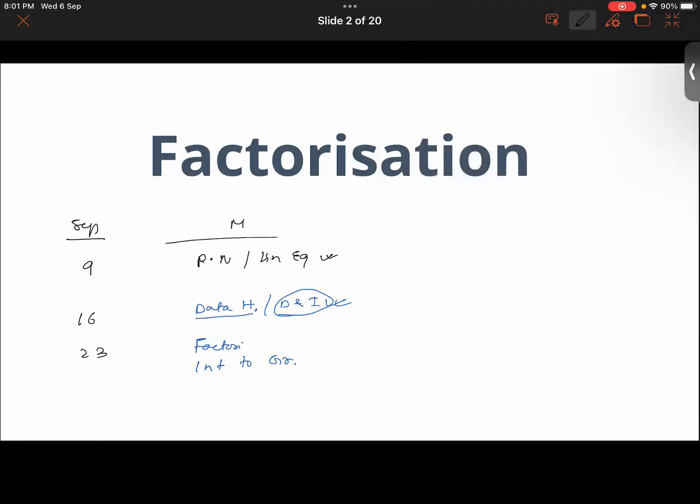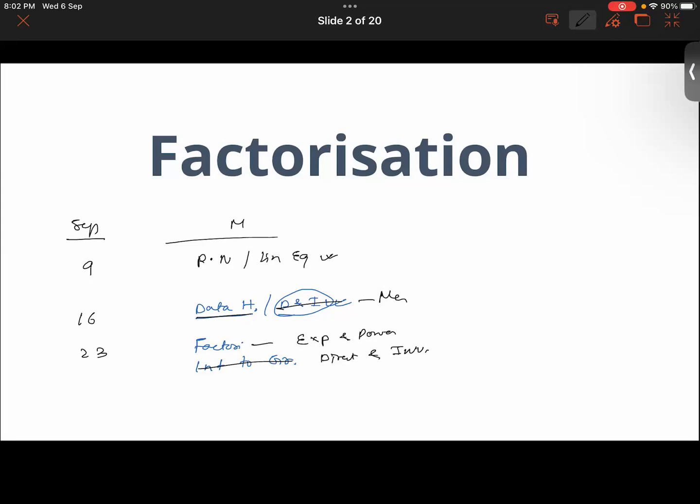So you have rational numbers, linear equations in one variable, data handling, mensuration, exponents and powers, and direct and inverse proportions.